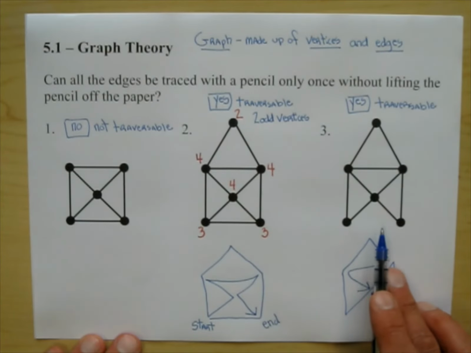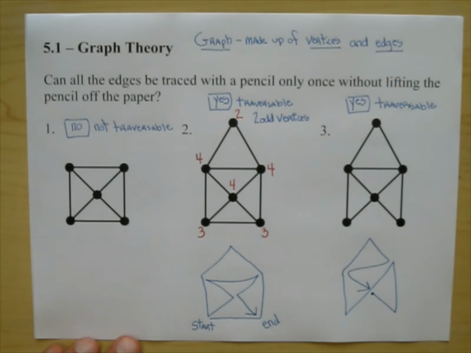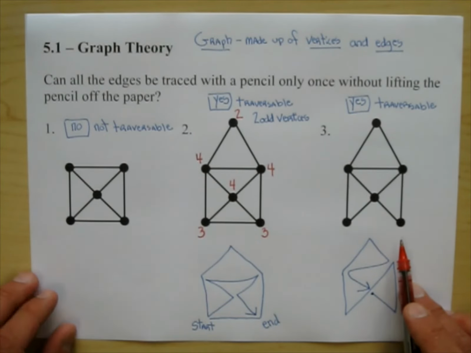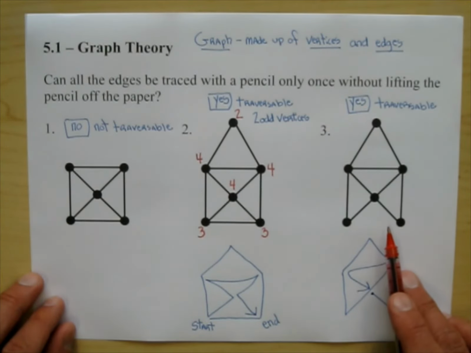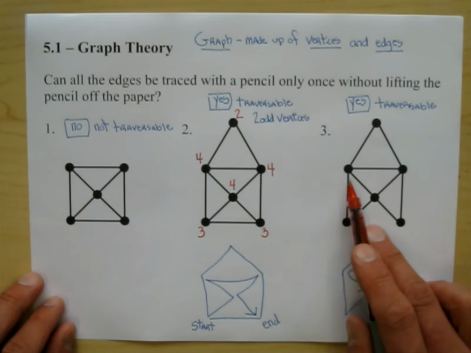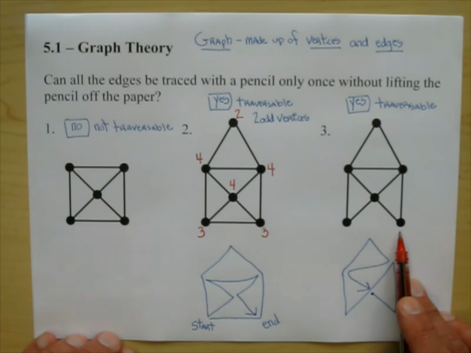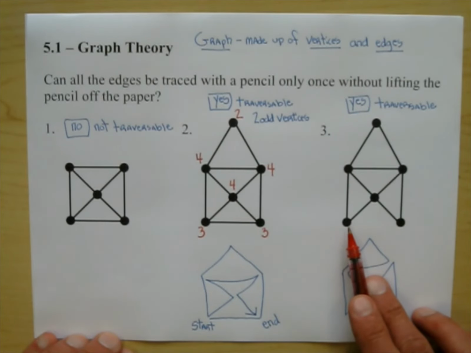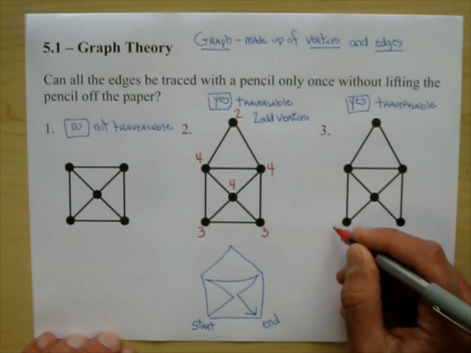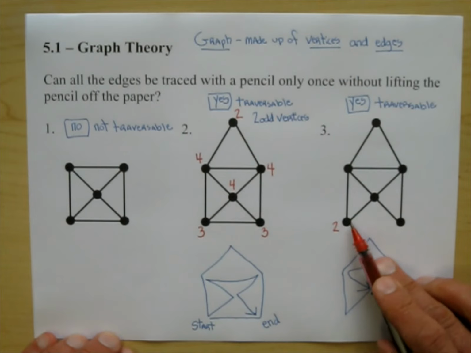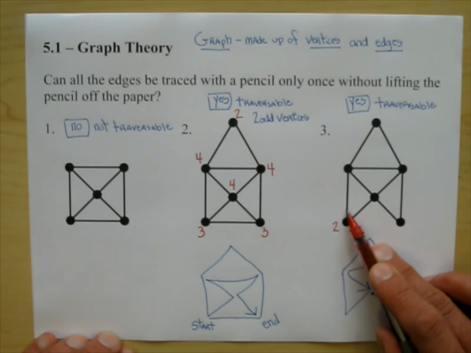Now let's move over here. This graph right here, let's label the vertices. You might want to pause the video and see if you can label each of these vertices. And labeling them means putting a number next to each of them, and that number denotes how many edges are coming out of it. So see if you can do that. Okay, so this vertex here gets a 2. 1, 2.